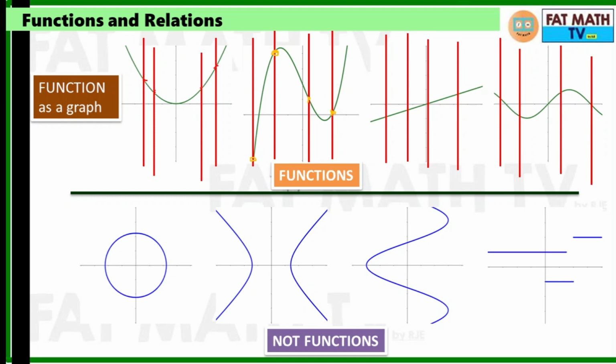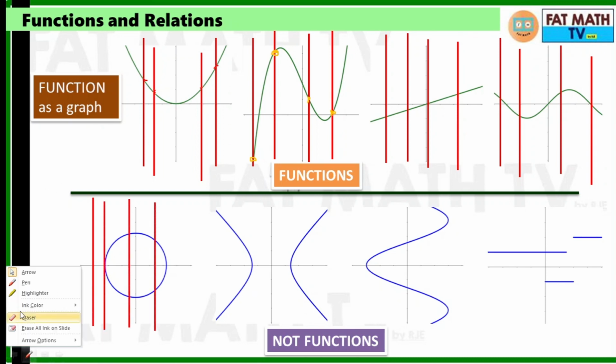And then for the examples here at the bottom, the vertical line test says that each vertical line will intersect at most one point. So we're okay with this vertical line. We're okay with this vertical line. For this one, it doesn't intersect the graph. This one intersects the graph once, so that's okay.